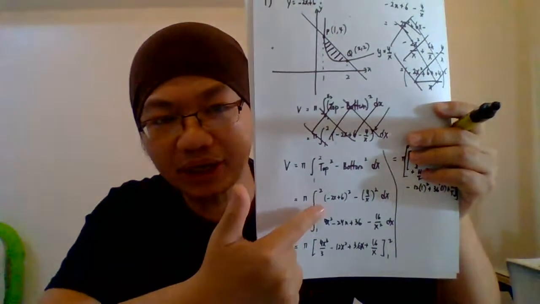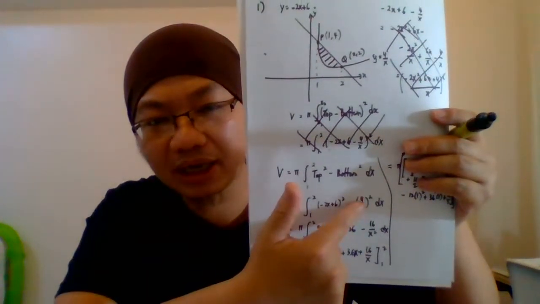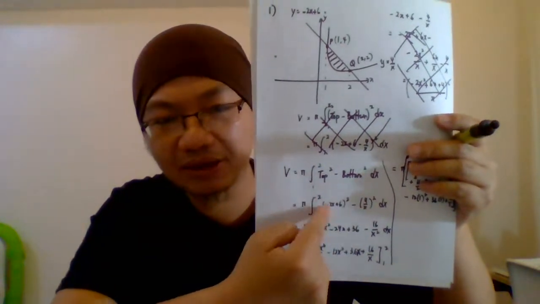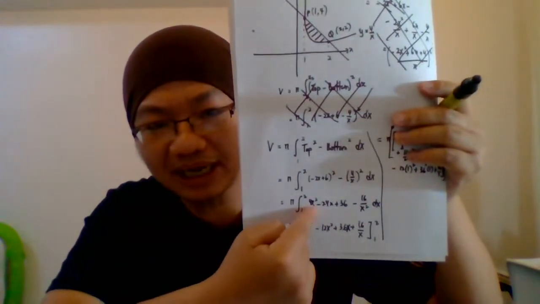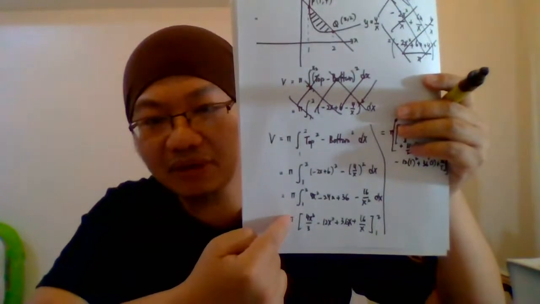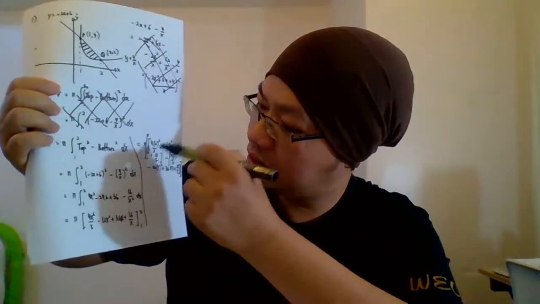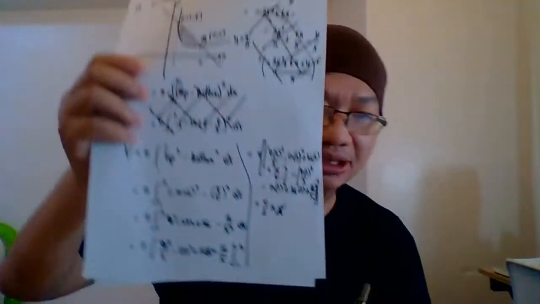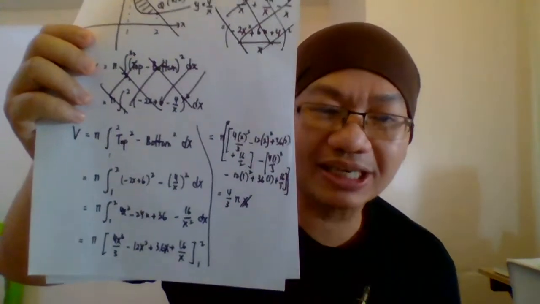Put the top squared here, minus the square of the bottom, then you expand and simplify, and it should be like this. Then you do the normal integration and substitute the values 1 and 2 into the equation. So what is the final answer? 4/3 pi. So I assume the answer is correct. Please calculate for me.